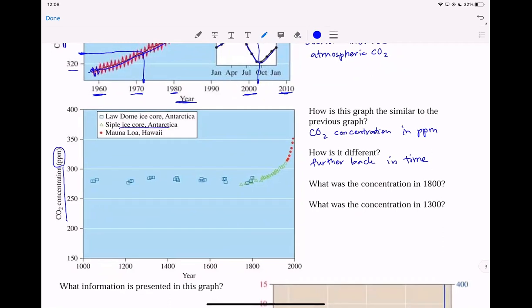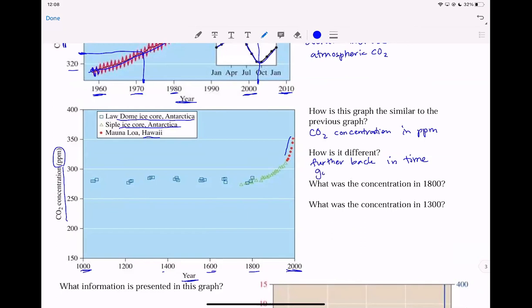So this is an ice core in Antarctica. So all of the current data was just taken air samples over Hawaii. Well, when you go back in time, you have to go into these ice cores. Okay. So drilling down to go 1,000 years back, 1,600 years back. And this is basically the year is the year 1000 compared to the year 2000.